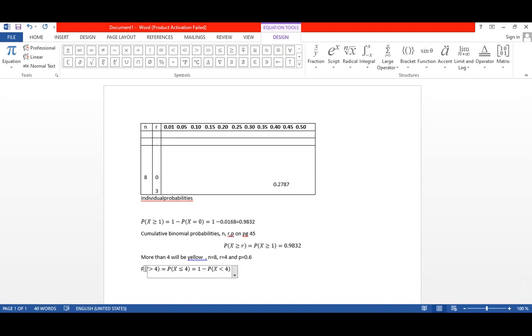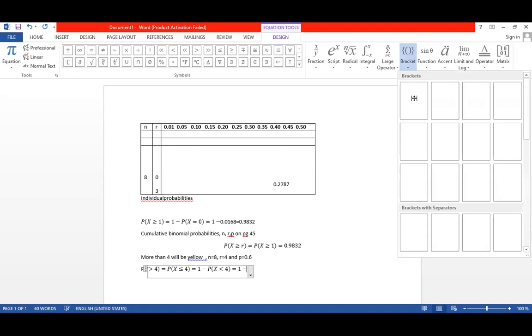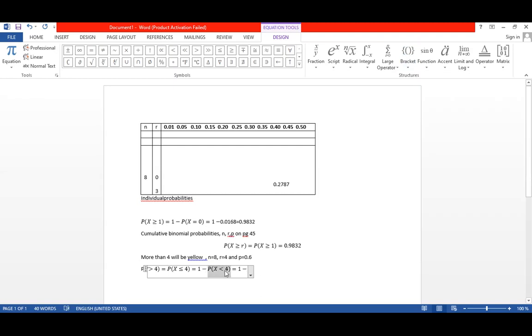You reason out. No, I'm interested in this one. I want us to see how we can use the table. The cumulative table can only cater for X greater or equal to.